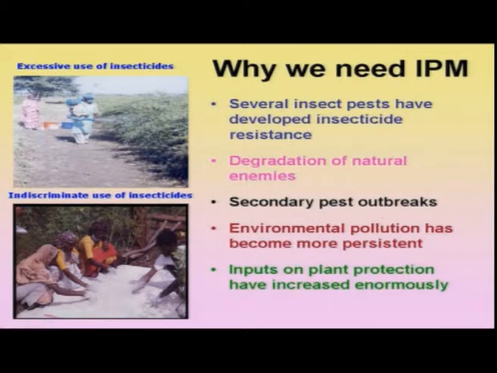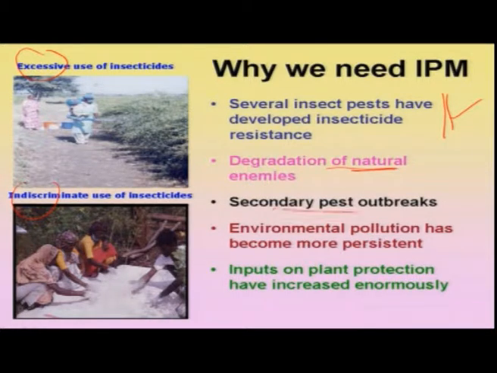Mainly because of the indiscriminate and excessive use of insecticides, which has led to the development of resistance of the insects to various insecticides. That is the major cause. Because of excessive use of insecticides, the natural fauna in the red gram ecosystem has been greatly reduced.